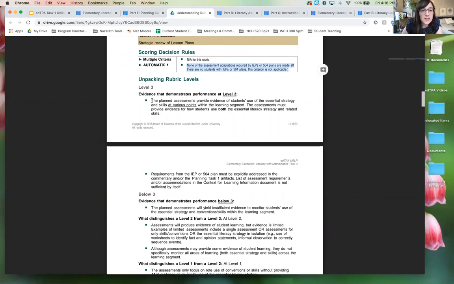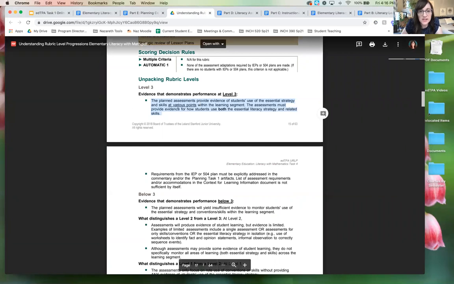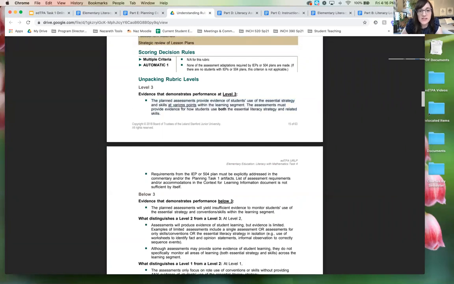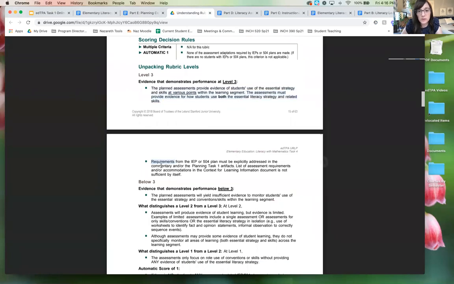So at a level 3, your planned assessments provide evidence that students will use the essential strategy and skills at various points within the learning segment, not just at the end. You've got multiple check-ins for your students. And the assessments really need to provide evidence of how they use both the essential strategy and the related skills. And then, of course, the requirements must be explicitly stated for your IEPs and 504s. You have explicitly met the needs of your students.